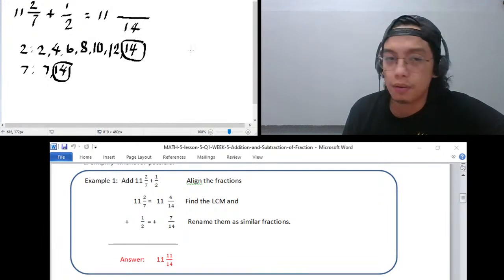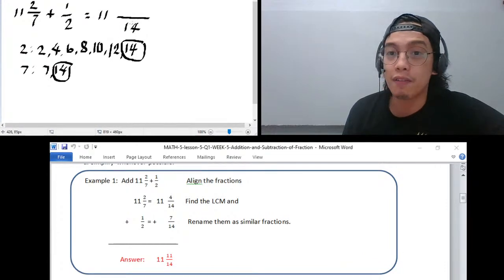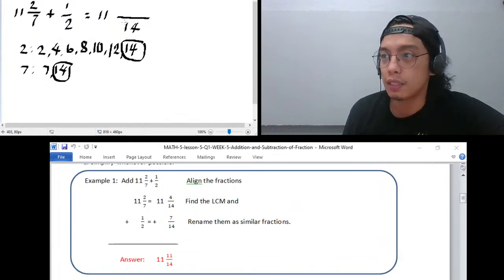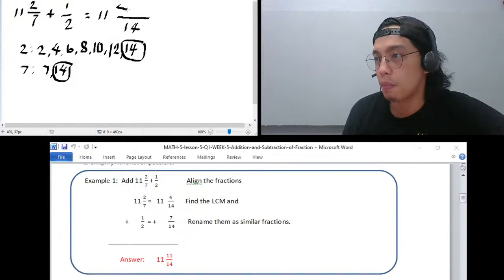Okay, now let's divide 14 by the first denominator. 14 divided by 7 is 2. 2 times 2 is 4.